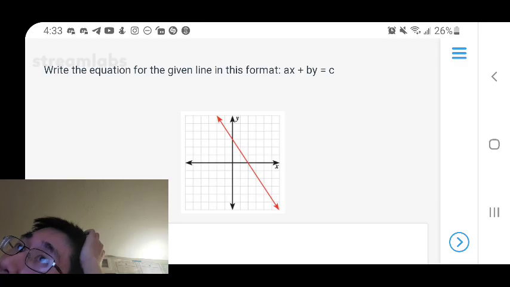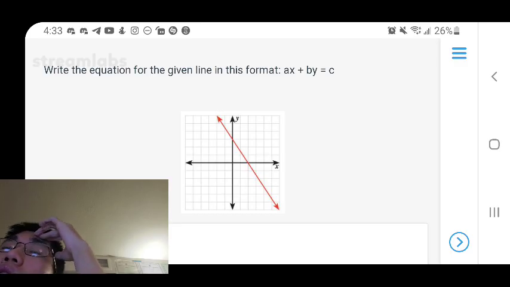You subtract Ax from both sides. Same thing, okay. By equals negative Ax plus C. Write that in that format.